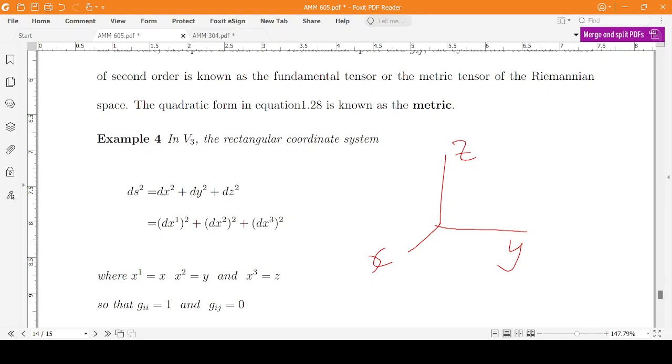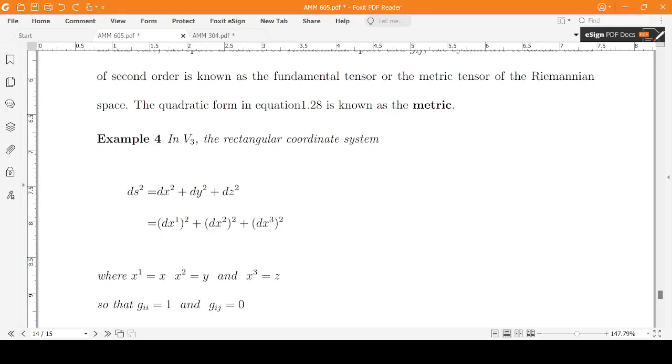So in this case, if we want to replace x with x1, y with x2, and z with x3, so that we write this in general form, then we shall have dx1 squared plus dx2 squared plus dx3 squared.